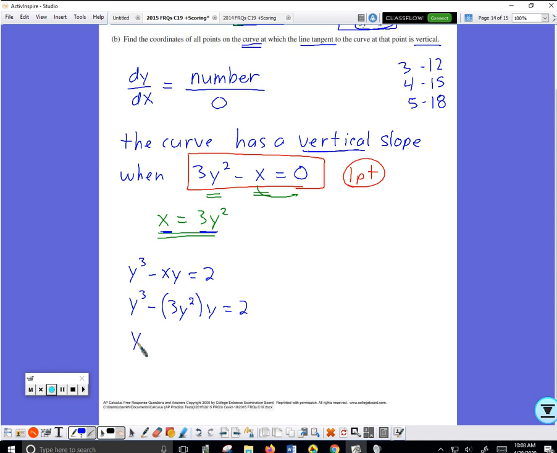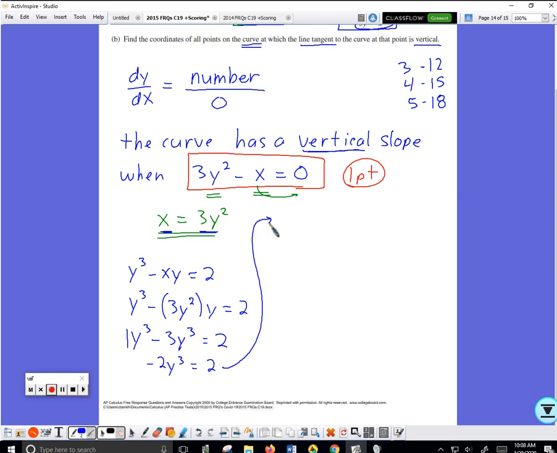So now I have y cubed minus 3y cubed is equal to 2, which means I've got 1y cubed minus 3y cubed, so I've got negative 2y cubed is equal to 2.